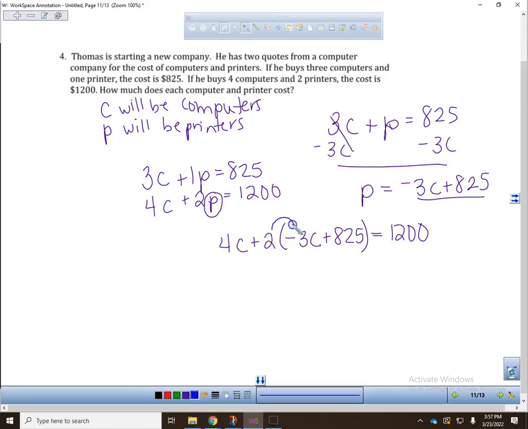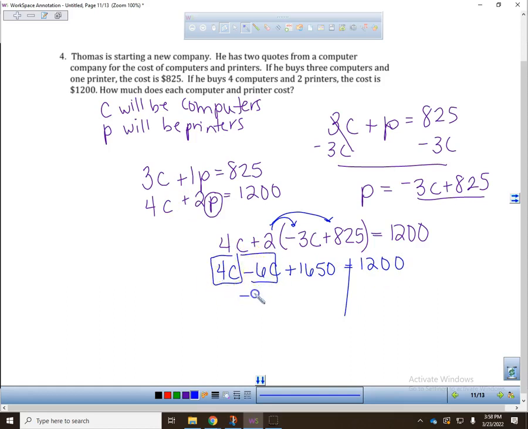I'm going to start by distributing. So I'm going to have 4C minus 6C plus 1650 equals 1200. All right, so now I need to combine like terms.